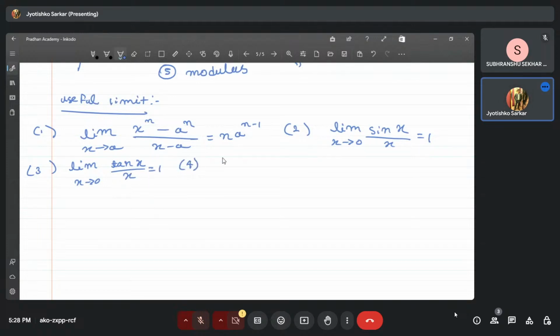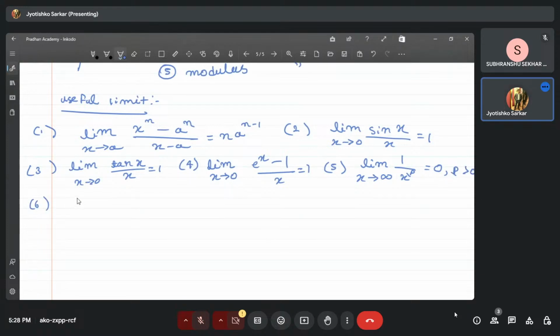Fourth one, limit x tends to 0, e to the power x minus 1 by x is equals to 1. Fifth, limit x tends to infinity, 1 by x to the power p is equals to 0 whenever p is positive.